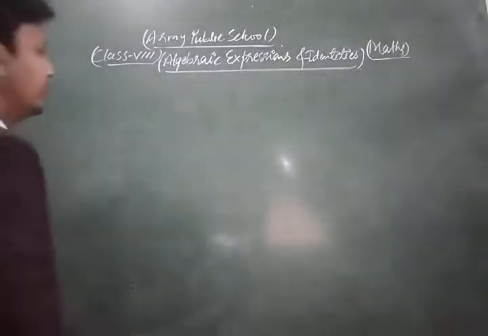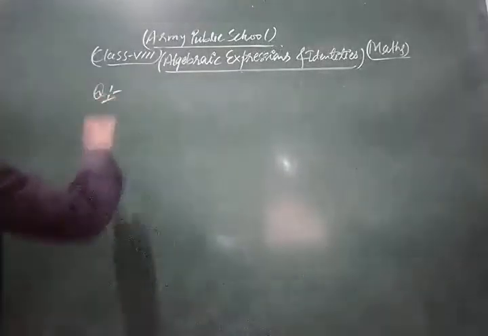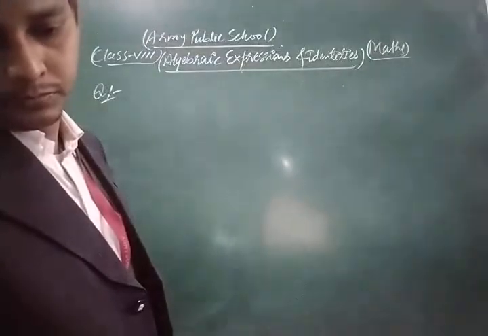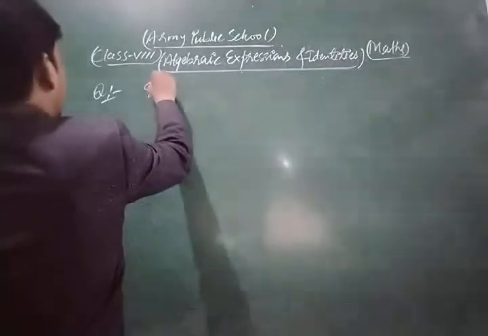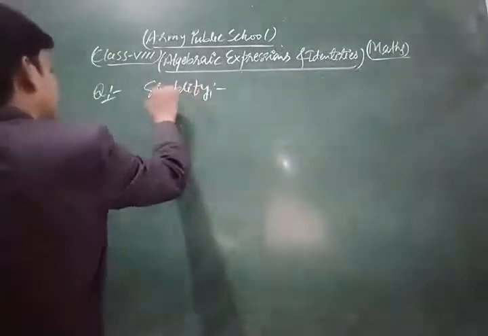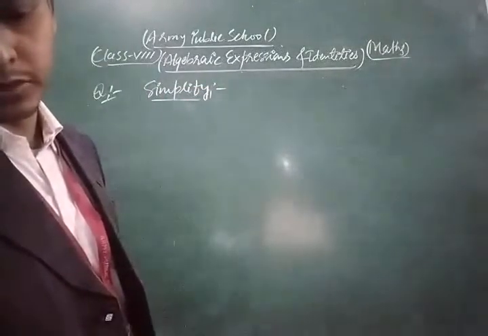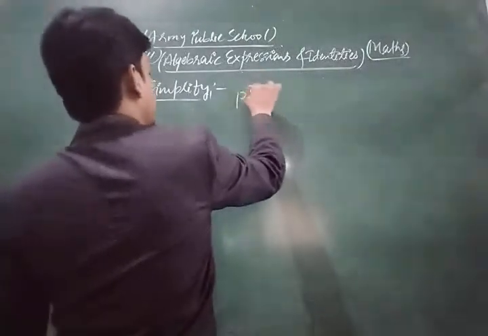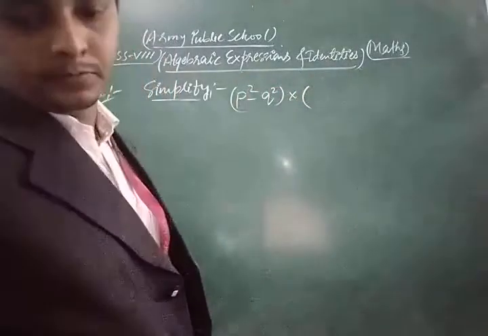Now look, we take a very important question, and the question is: simplify, dear students, p square minus q square multiplied by 2p plus q.